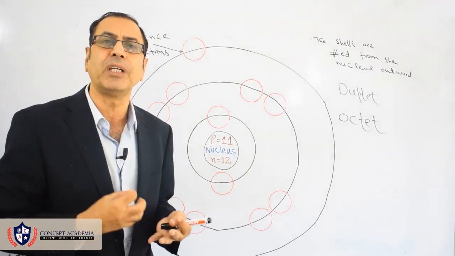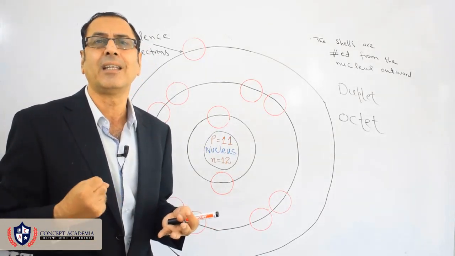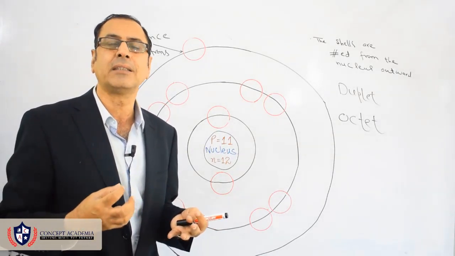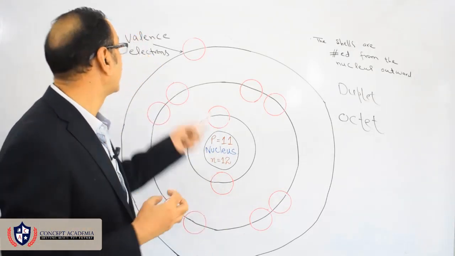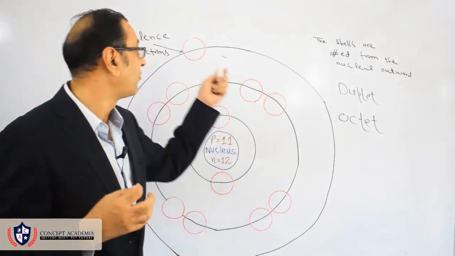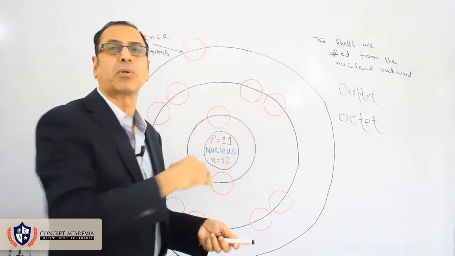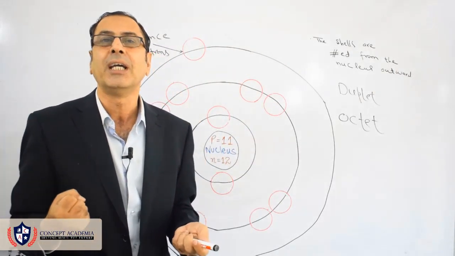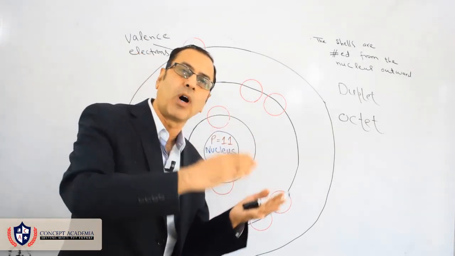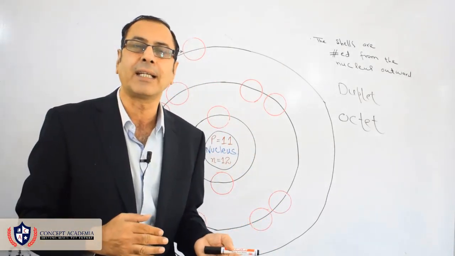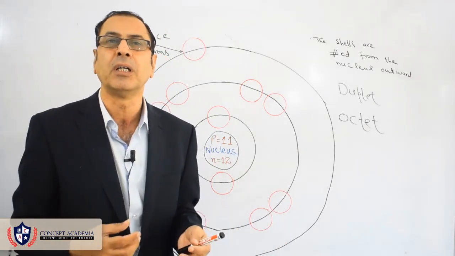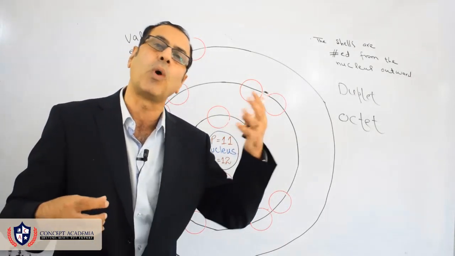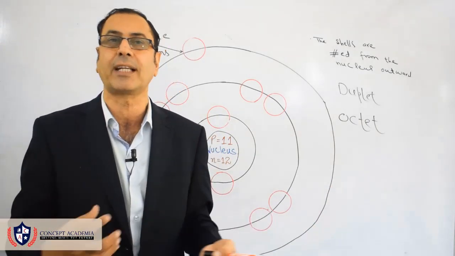Much of chemistry resides in electrons, and more than that, chemistry is linked with the valence electrons, because the valence electrons are far away from the proton and have maximum energy, and they can move from one atom to another atom and make bonds, which we study in our next chapter: how bonds are formed, how one atom will join with another atom.